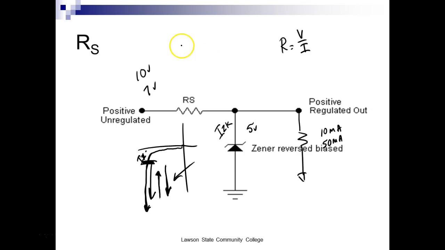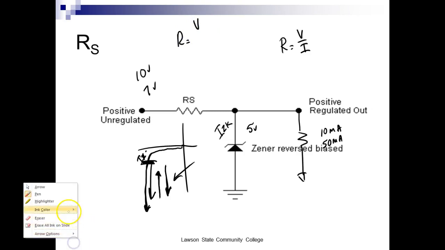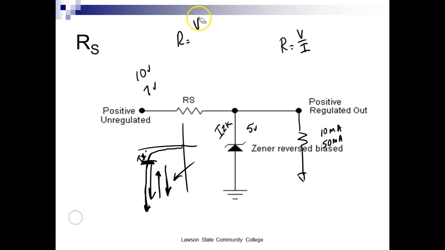So what voltage am I going to use? R would be equal to V over I. That's what most people think, but it's the minimum voltage that resistor is going to drop. If that resistor drops 7 volts, how much voltage do we have left over for our load? Zero. So what voltage are we going to use?